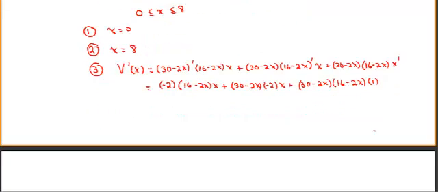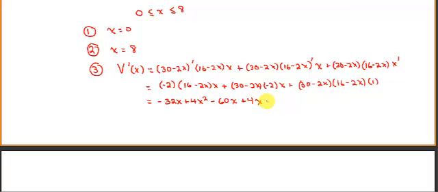Okay, so let's see. If I multiply this out, what will I get? I'll get negative 2x times 16, that would be negative 32x. And then negative 2x times negative 2x is positive 4x squared. Then I'll get a negative 2x times 30 is negative 60x. Then a negative 2x times a negative 2x is positive 4x squared.